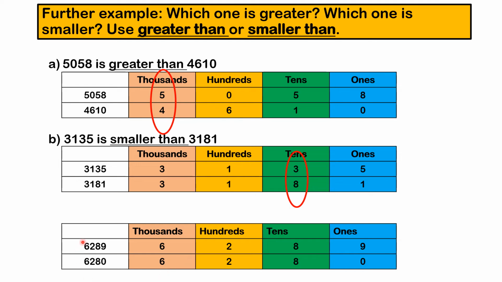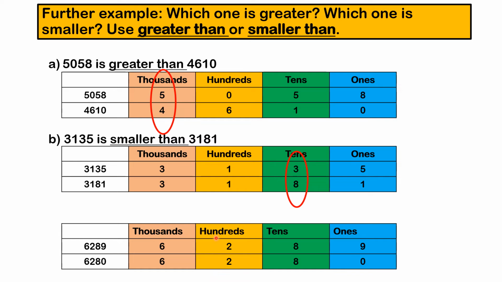Let's have a look at the last set of numbers to compare, where we have 6,289 to compare with 6,280. Let's look at the thousands first. Here we have the same thousands, where the digit is 6, and so we move forward to hundreds.